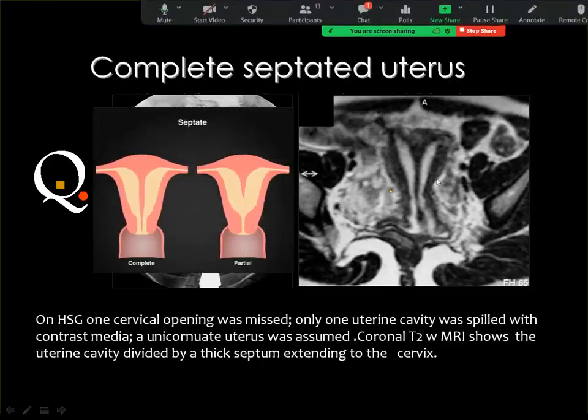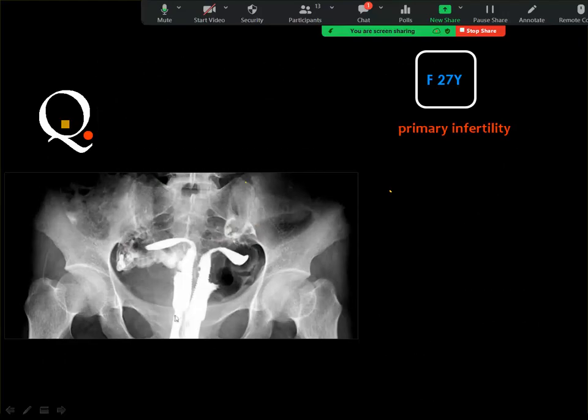The uterus is almost similar to the normal uterus, but it has an intra-cavitary septum, and this septum may be partial or may be complete.